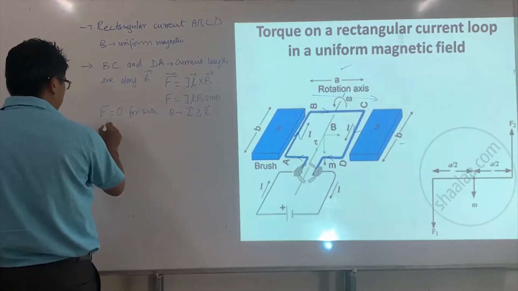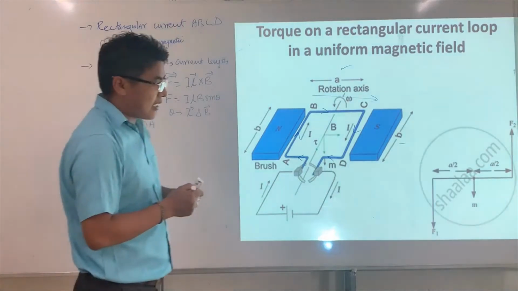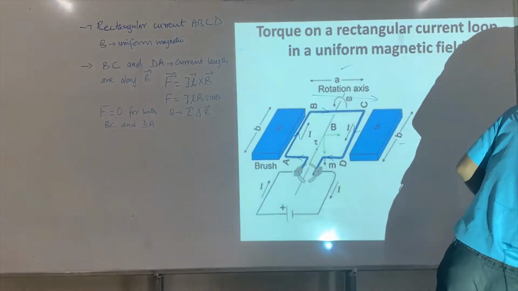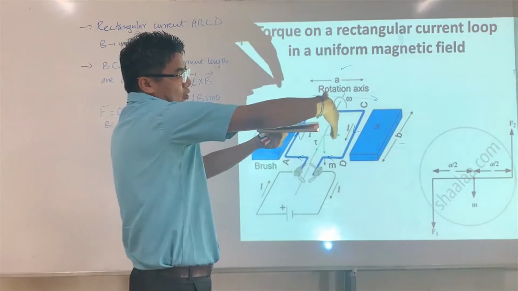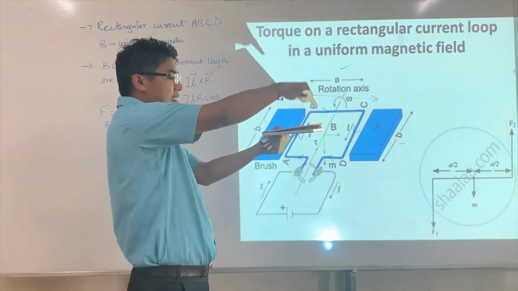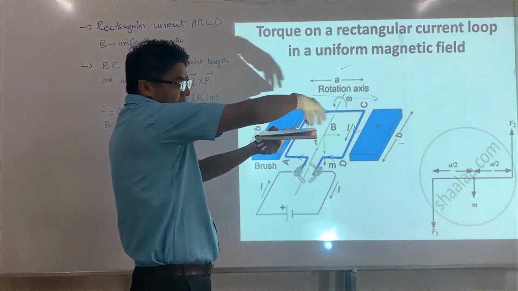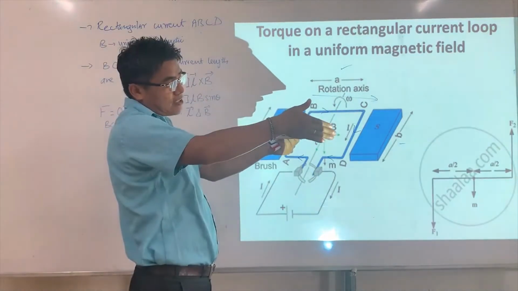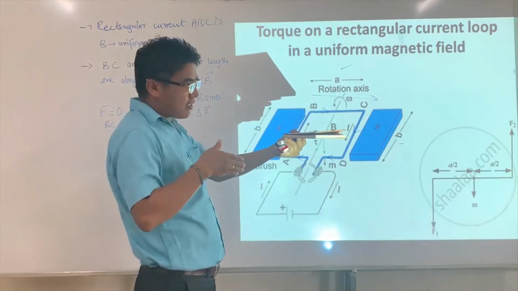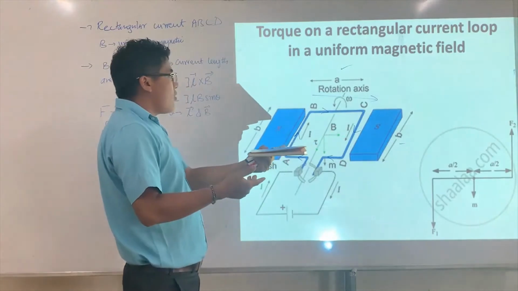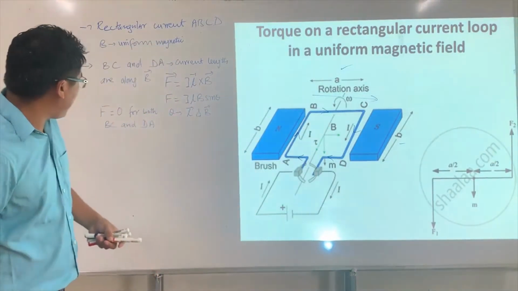I have a magnetic field like this, north pole and south pole, and ABCD. The direction of length is along the magnetic field for one, and opposite to the magnetic field for the other. So these two become 0: sine 0 is 0, sine 180 is 0.